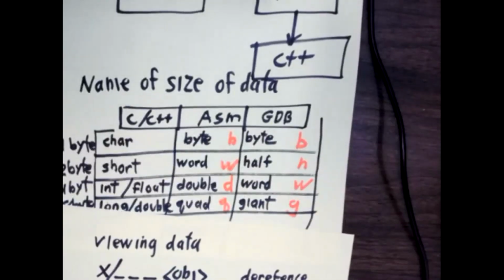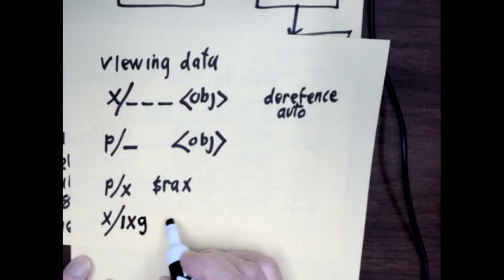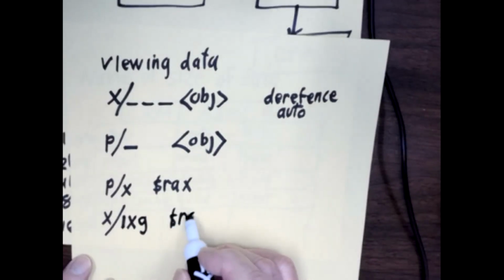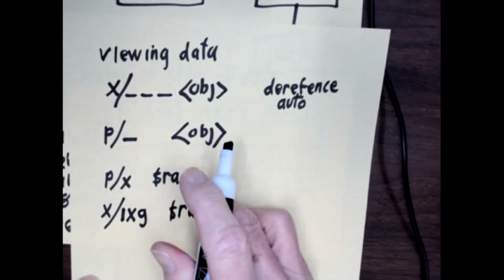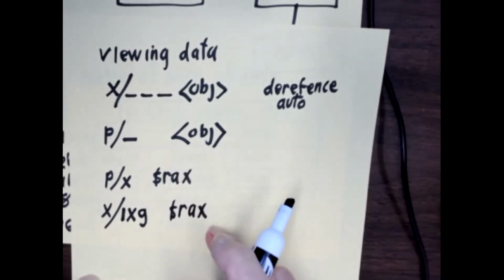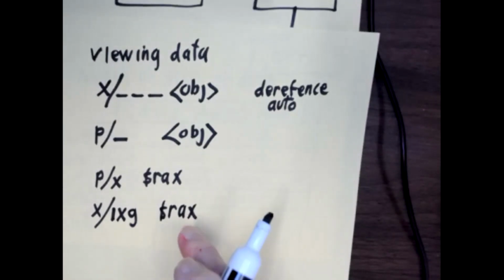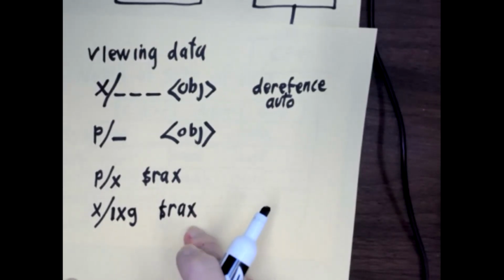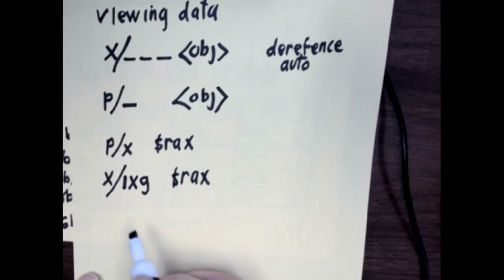So I'm going to use giant for 64 bits, $sign RAX. Okay. So the first one shows you what's in RAX. The second one, because of the automatic dereference, uses what's in RAX as an address, goes to that address and shows you what's at the address. Everybody's got that?